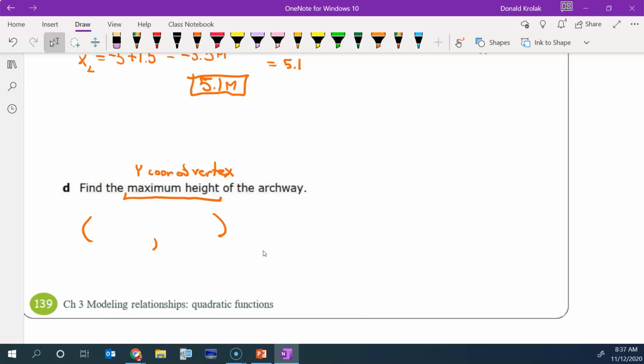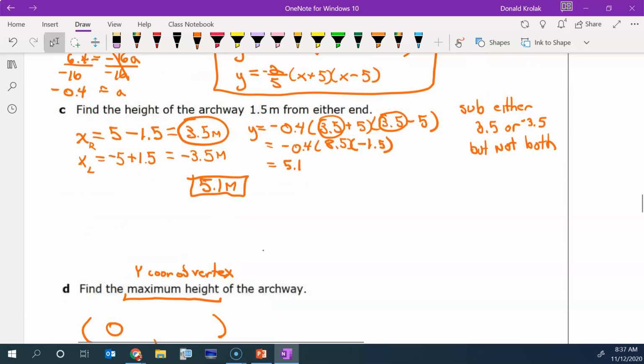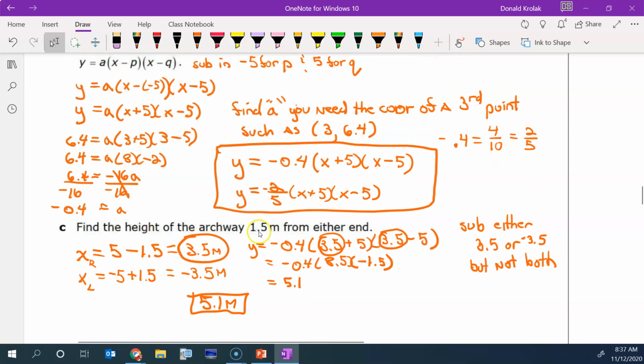So this part was p plus q divided by 2, which turns out to be 0. And then this one, we're going to substitute x equals 0 into the equation that we got, right here.